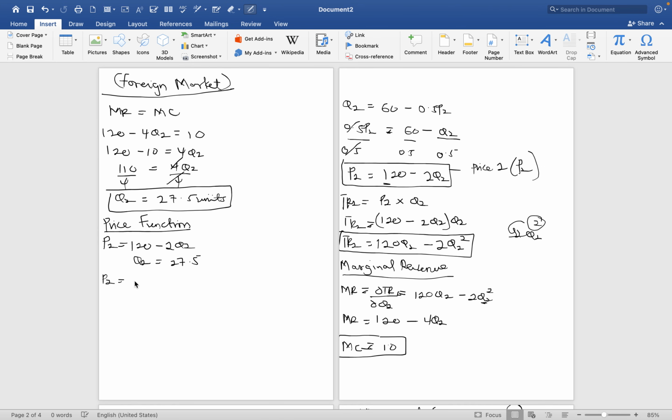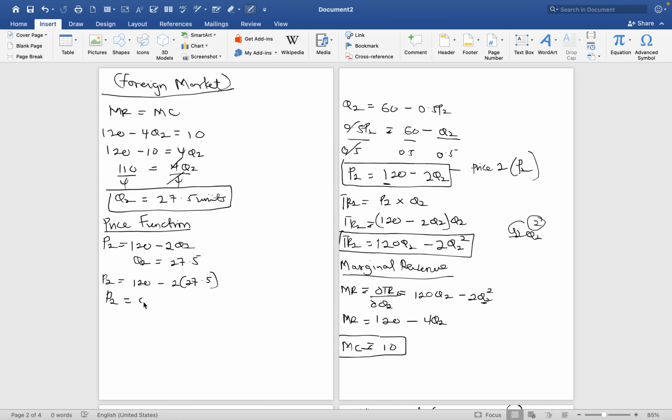So P2 is equal to 120 minus 2 times 27.5, which would give us 65.